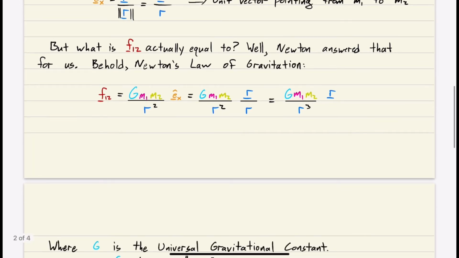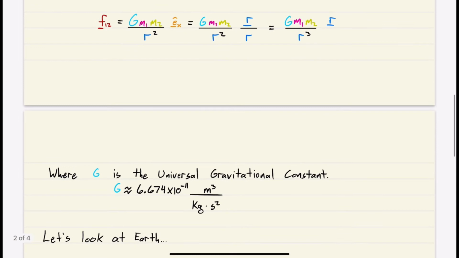So what is this big G? This big G is what's called the universal gravitational constant. It's a constant, it is a number, and it just happens to have the value 6.674 times 10 to the negative 11 meters cubed per kilogram second squared.